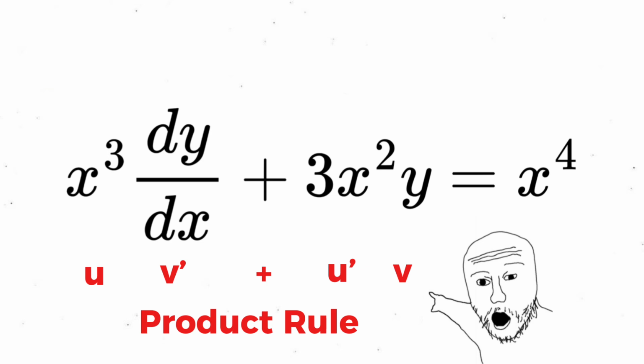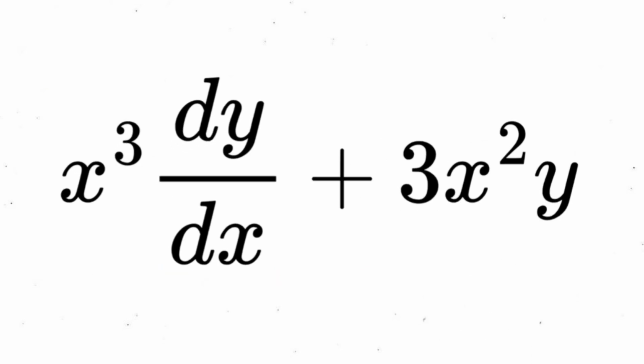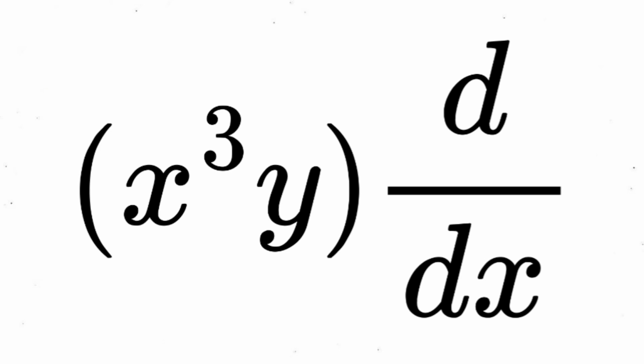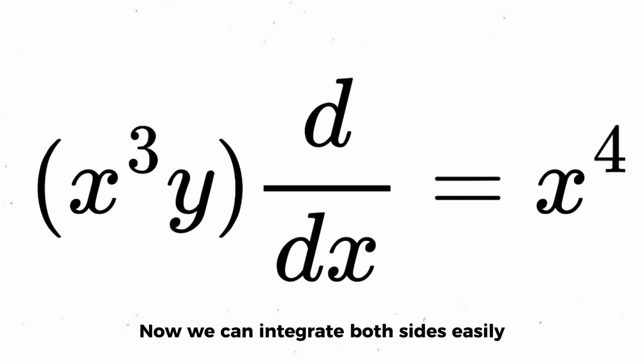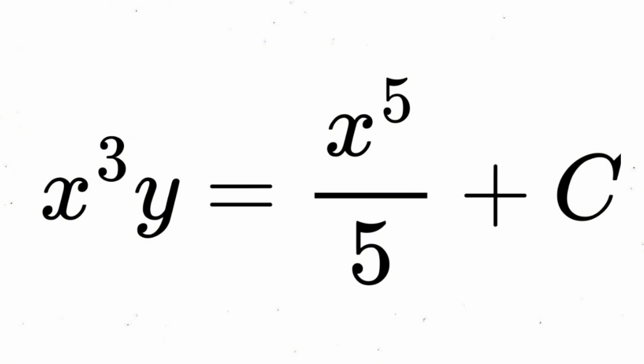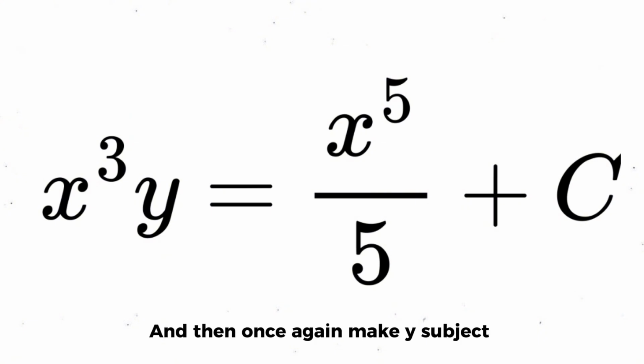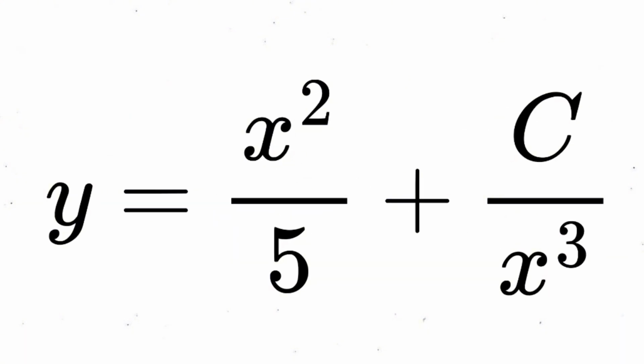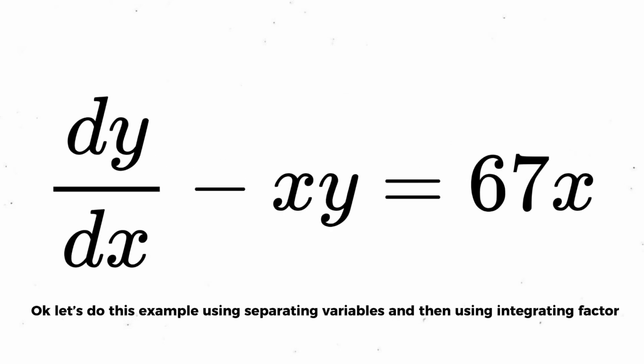What? So this whole left side can be simplified to this, which is just the derivative of the integrating factor times y. Now we can integrate both sides easily. And then once again make y the subject. Okay, let's do this example using separating variables and then using integrating factor.